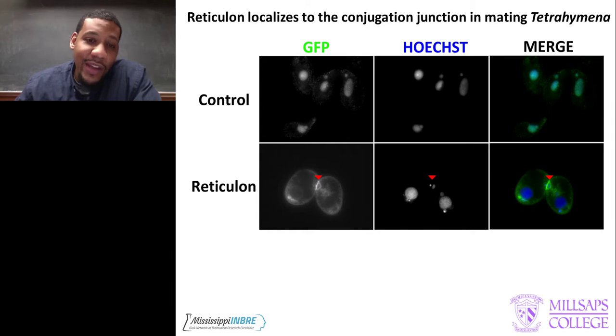When we look at reticulon GFP expressing cells, what you see in the GFP channel is staining at the junction, okay? And then you also see some nuclear staining, or some staining of something around the nucleus.